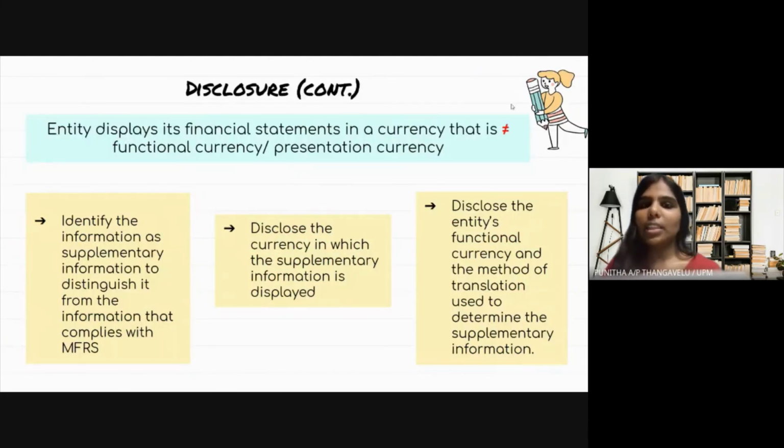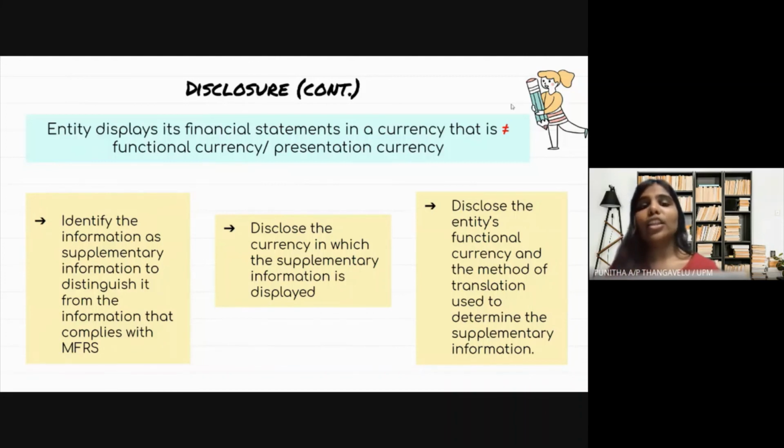When an entity displays its financial statements or financial information in a currency that is different from either the functional currency or presentation currency, the entity should first clearly identify the information as supplementary information to distinguish it from the information that complies with MFRS.